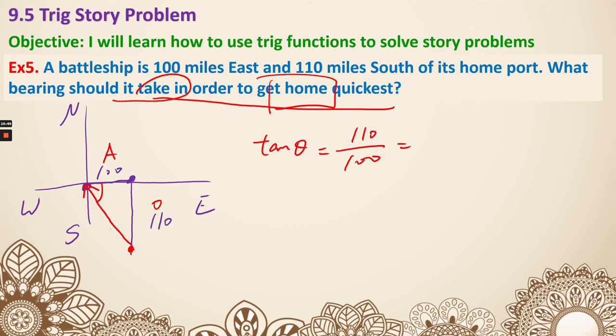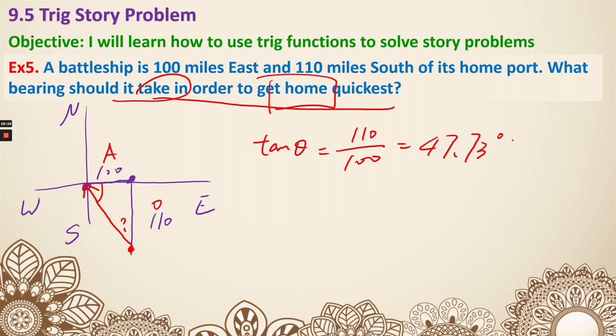And in this case, again, we are trying to solve for the inverse, so we're going to type it in our calculator and see what we're going to get. That should give me 47.73 degrees. Now the question is asking what exactly is the angle that we need right here, because that is how we're going to represent the actual bearing for the direction.